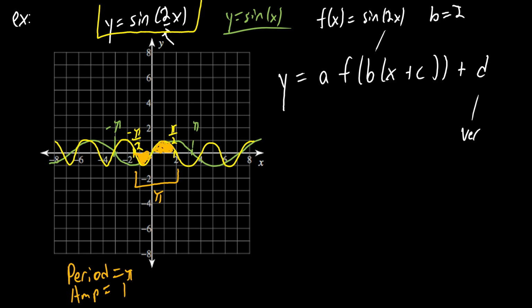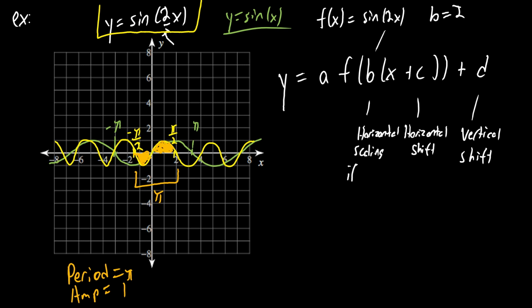This is a vertical shift. And I expect for many of you, this will likely be a review. So if you want to, just go on and skip ahead to the next example. C is a horizontal shift. B will be horizontal scaling. And if B is negative, there will be a reflection about x equals negative c.